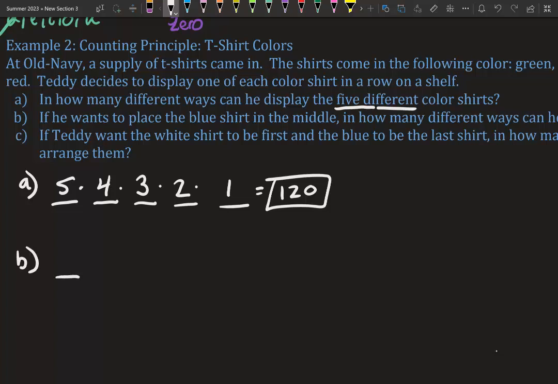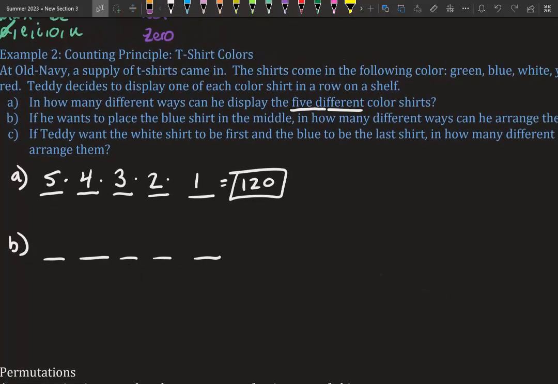Alright, we still have 5 slots to put our shirts down. However, in part B, the blue shirt has to be in the middle. I only have 1 blue shirt in the middle, 1.